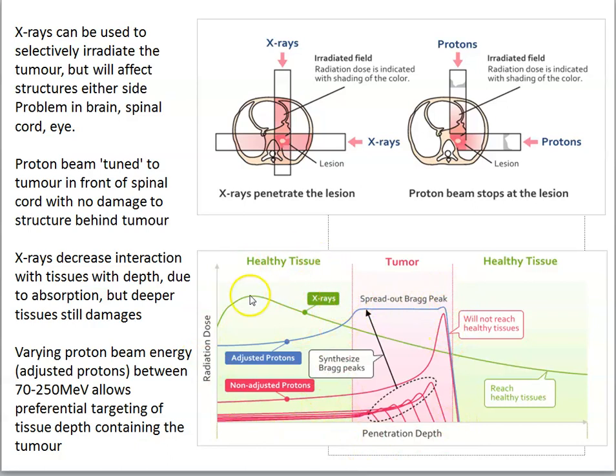The healthy tissue has also been irradiated, we can't get around that, but the healthy tissue here is something non-important like skin, whereas the healthy tissue behind the tumour could be something rather crucial like the spinal cord. So this system is used for brain tumours where you really want to spare as much of the brain tissue as possible.